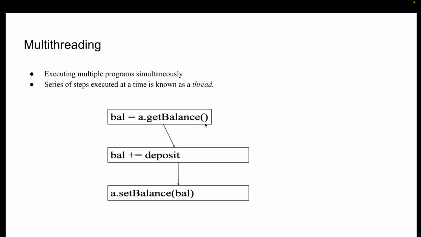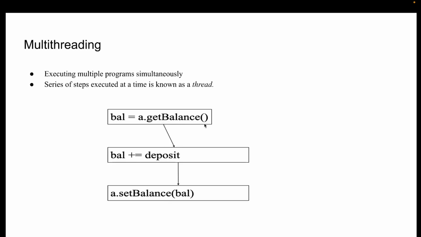Let's say we have a bank account class, and in that bank account class, the methods defined are get balance, a deposit method, and then we have set balance methods.